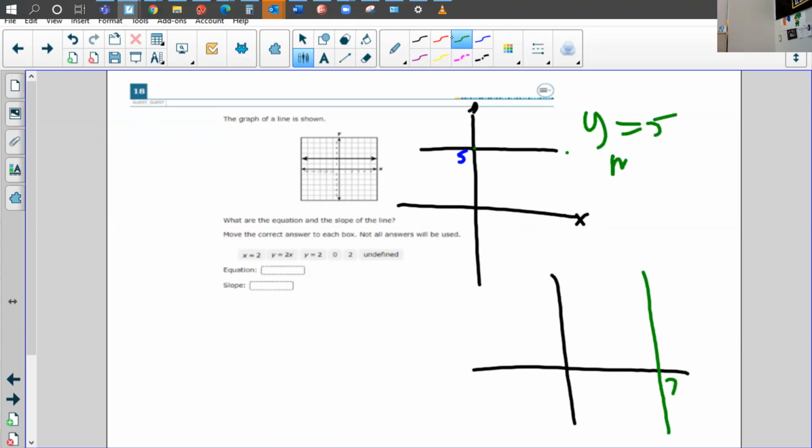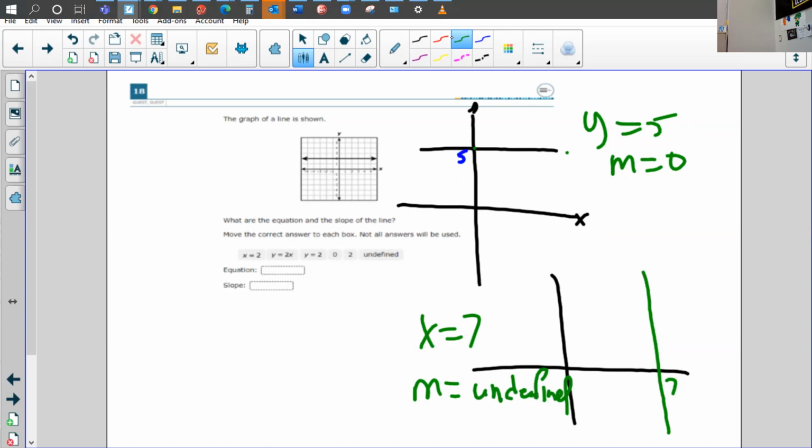And for a horizontal line, the slope is always 0, m equals 0. For this one, because the line is vertical and it crosses the x-axis, the equation is x equals 7. But in this case, the slope is undefined.